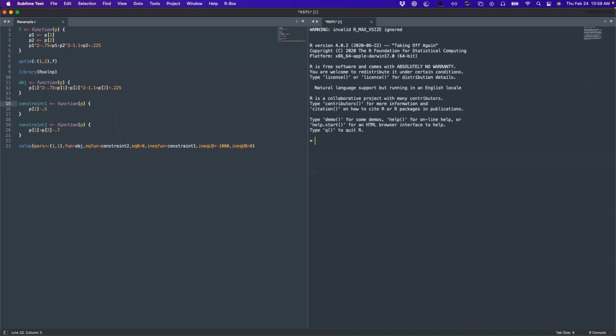For those who are familiar with R, you can do it this way.